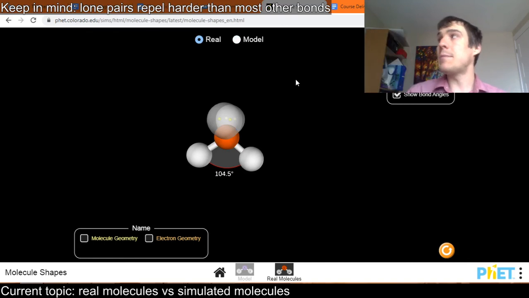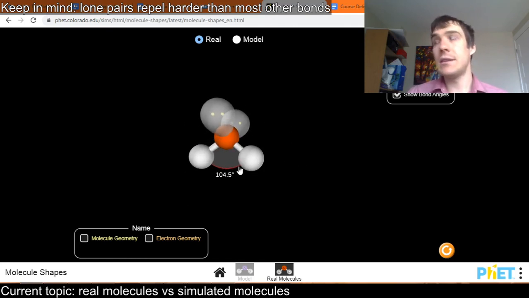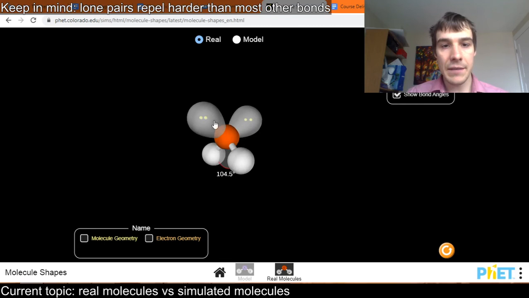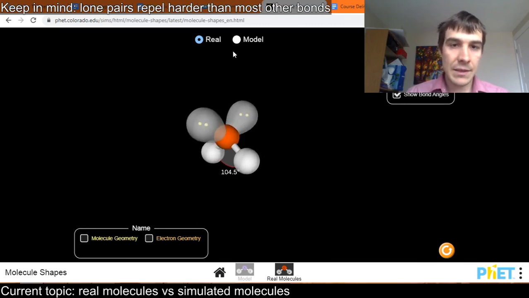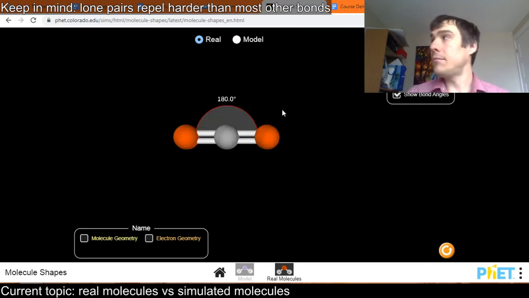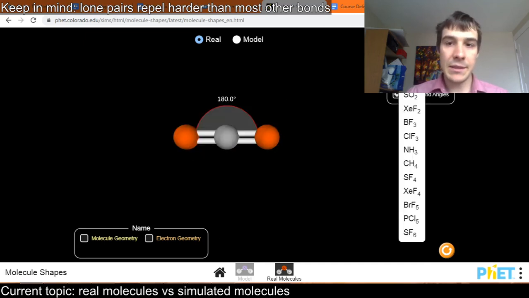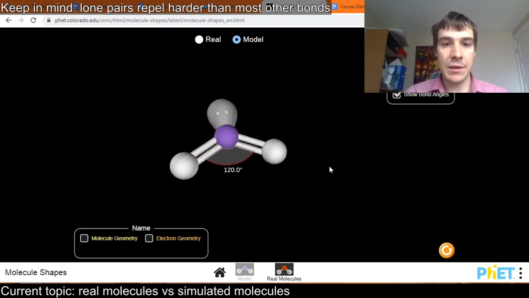And that's where the keep in mind comes in. Lone pairs repel harder than most other bonds. So the actual bond angle in water is a little bit less than 109.5 because of the lone pair action. If we look at CO2, that's fine, 180, 2 domains, it's linear. SO2, the model predicts 120 degrees because it's trigonal planar, right? It's a plane, trigonal planar.